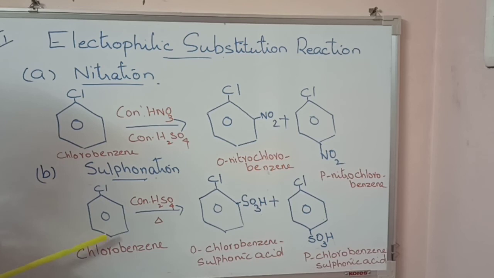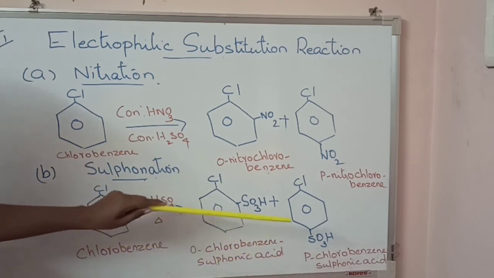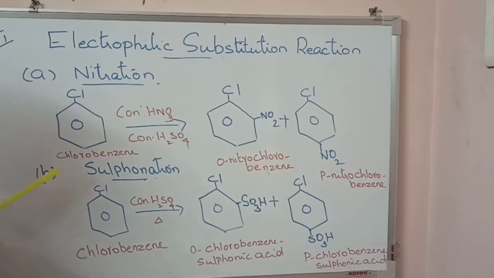So during this reaction, SO3H group is the electrophile. That electrophile will attach at ortho position and para position of this chlorobenzene. So the products are mixture of ortho-chlorobenzene sulfonic acid and para-chlorobenzene sulfonic acid. So that is sulfonation reaction.